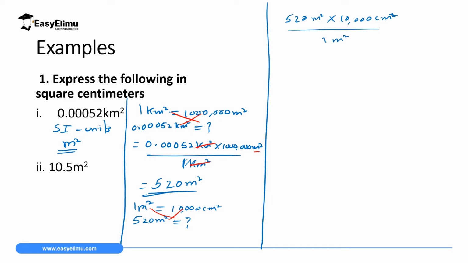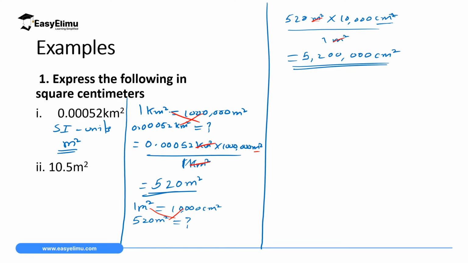Square meter cancels with square meter, so we remain with an answer in square centimeter, which is 5,200,000 square centimeters. So that is our answer for question 1.